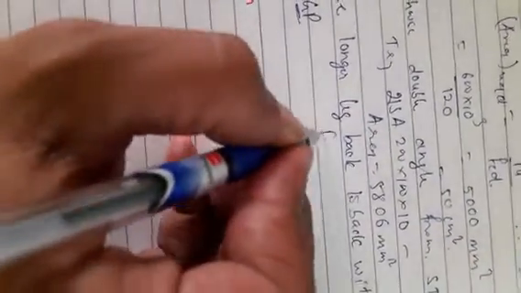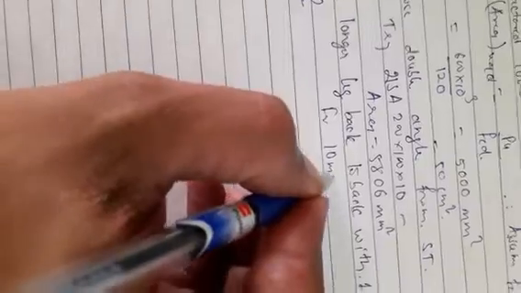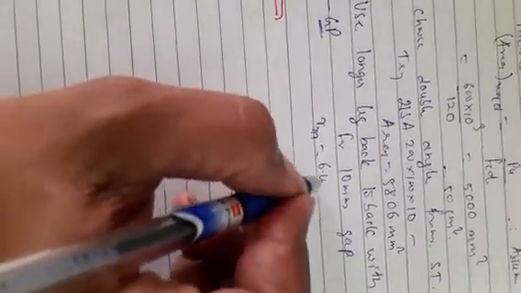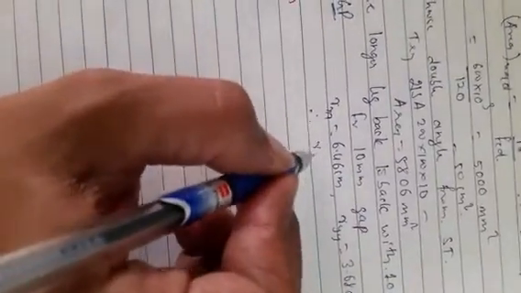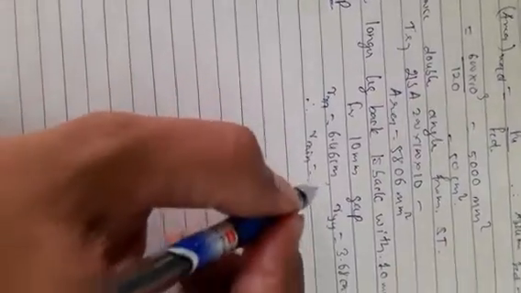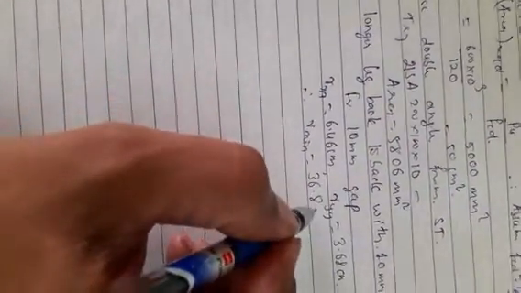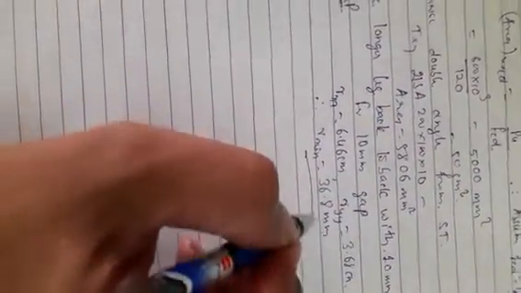So for 10 mm gap, RXX is 6.46 centimeters, RYY is 3.68 centimeters. Therefore R minimum is equal to 36.8 mm.